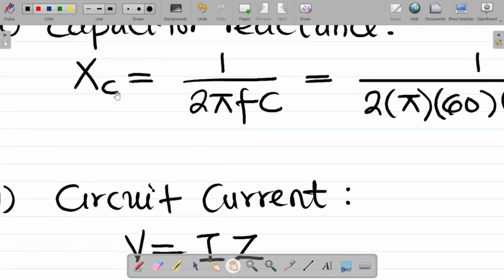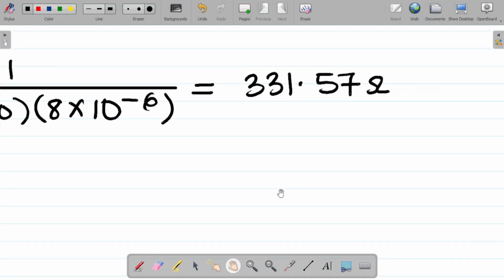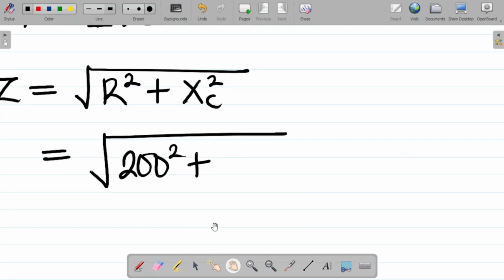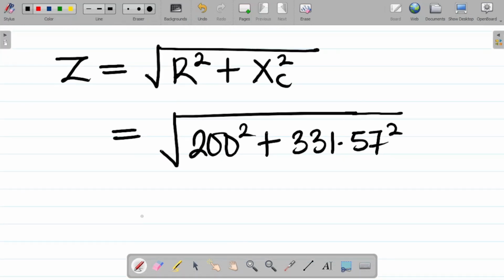Luckily, we found the value of XC as being equal to 331.57. So it becomes 331.57 all squared. So just go through punching this. From here, Z will be equal to the square root of 200 squared plus 331.57 squared.